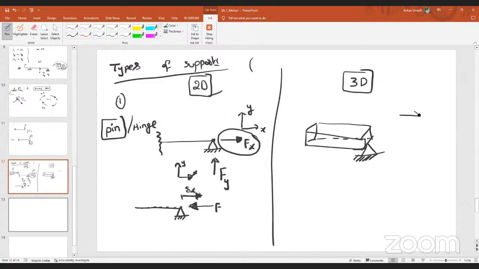It won't allow any translation along X, it won't allow any translation along Y, and it won't allow any translation along Z. That means how many reaction forces will develop if you are solving it in a three-dimensional object? How many?